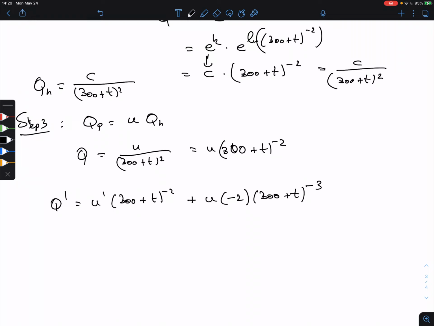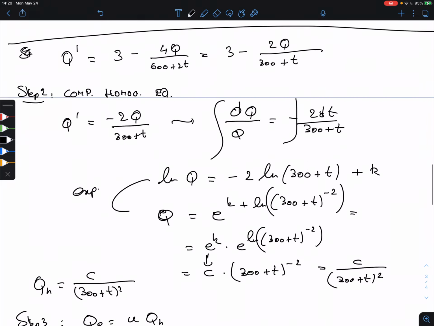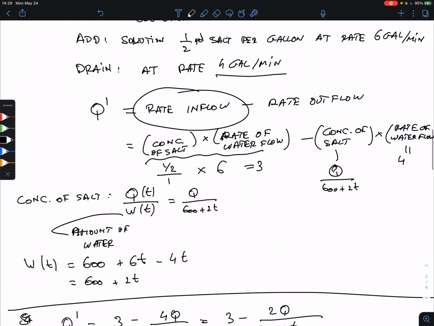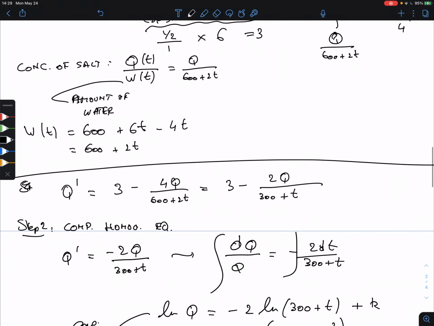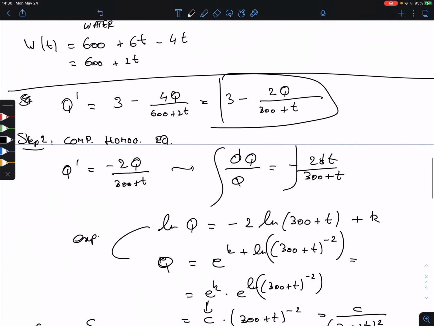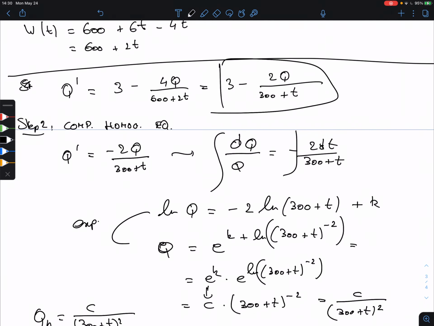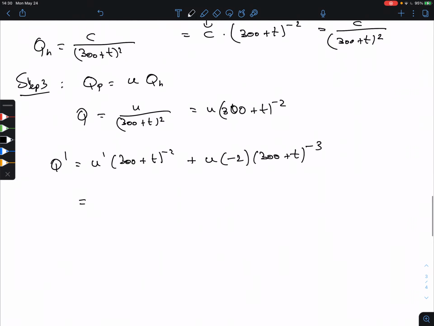Okay, so that's the Q prime, and that should be equal to, we have our formula, where was our differential equation? Here, right? Yes, okay.